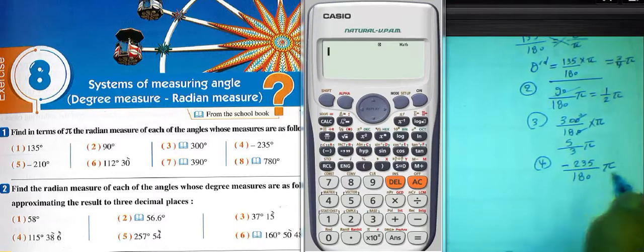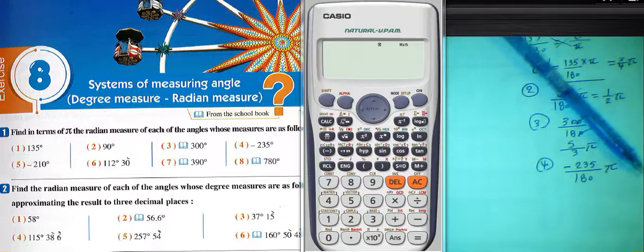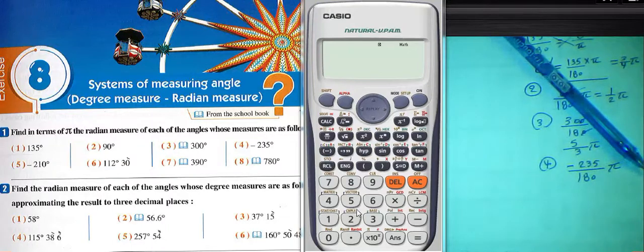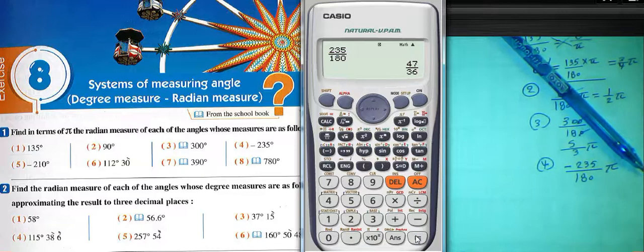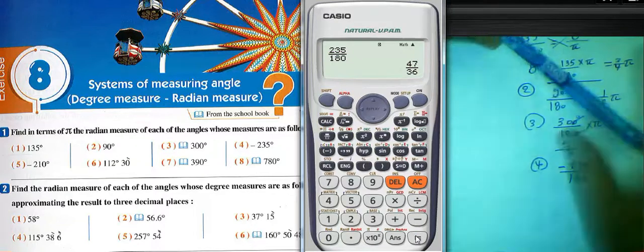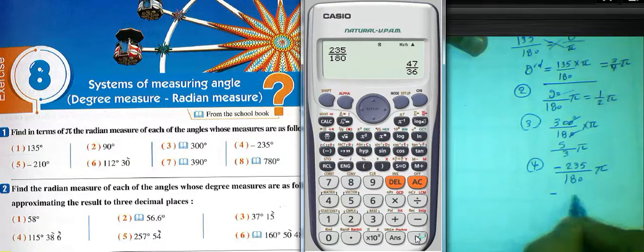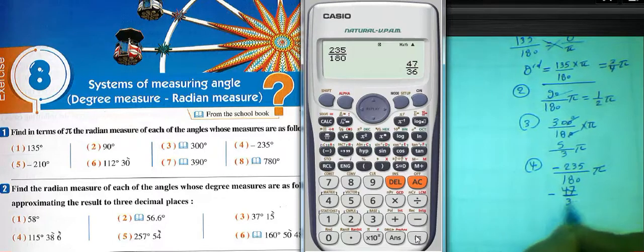You can write in the calculator 235 in fraction over 180, which equals 47 over 36, so the result is negative 47 over 36 pi.